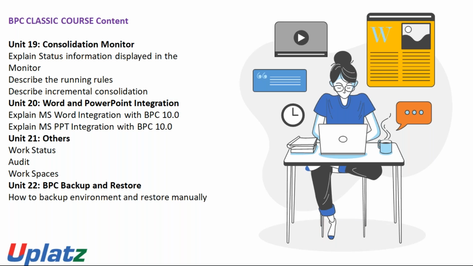On top of it, I'll show some advanced functions like audit features, work status and BPF. These are all advanced features in BPC, which will also be covered in this course.